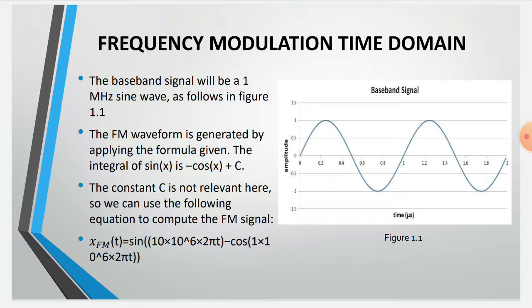Thus, the integral of sine x is minus cosine x plus c. The constant c is not relevant here, so we can use the following equation to compute the FM signal. X sub FM equals sine of 10 times 10 to the 6th times 2 pi t minus cosine of 1 times 10 to the 6th times 2 pi t.